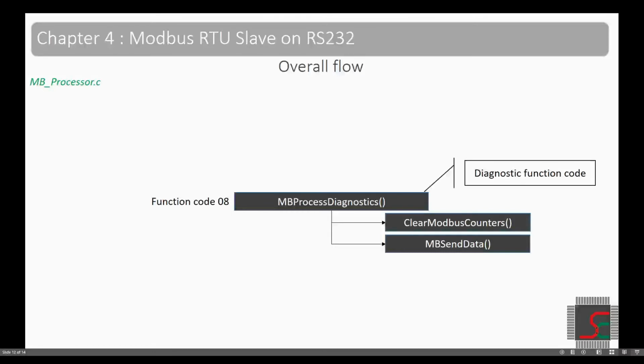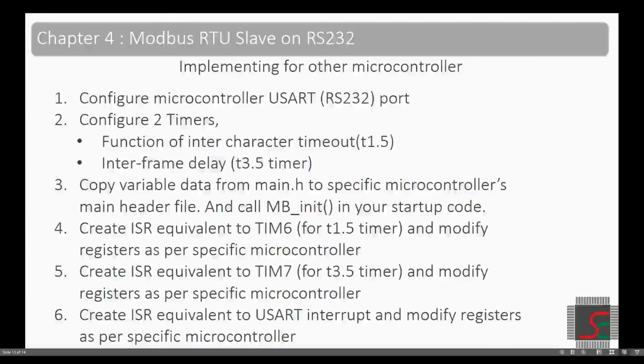I would insist again that you test this code once on your microcontroller. Even if you are doing it for any other microcontroller and you are facing any issue, please definitely comment. We need to understand the basics. Next, as I've been saying, you can implement this Modbus slave protocol on any other microcontroller.